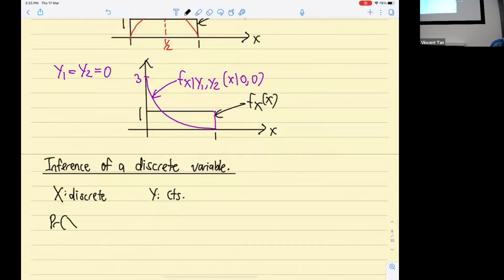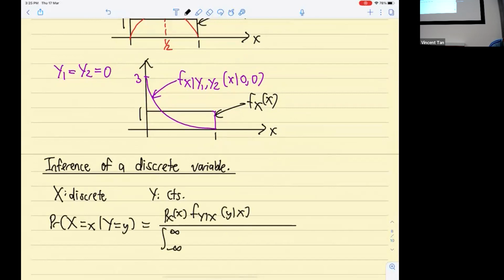So the probability that x is equal to x conditioned on y equal to y, where y is continuous: we express x as a PMF and y as a conditional PDF and divide by the normalizing constant, which is the sum, because x is discrete, of p_X(x') f(y given x').